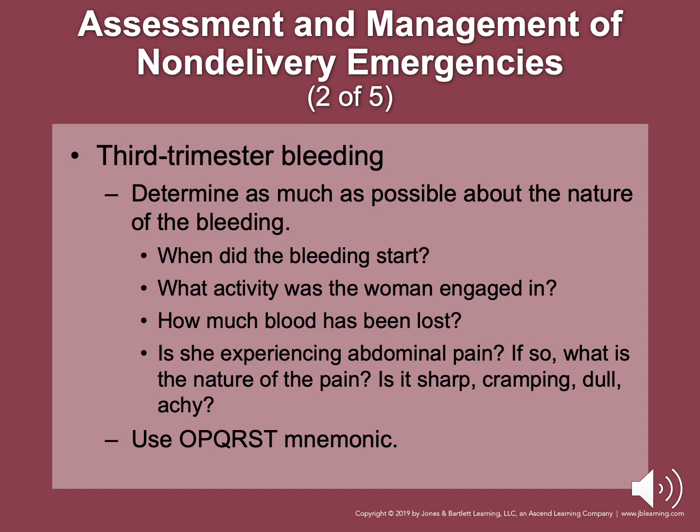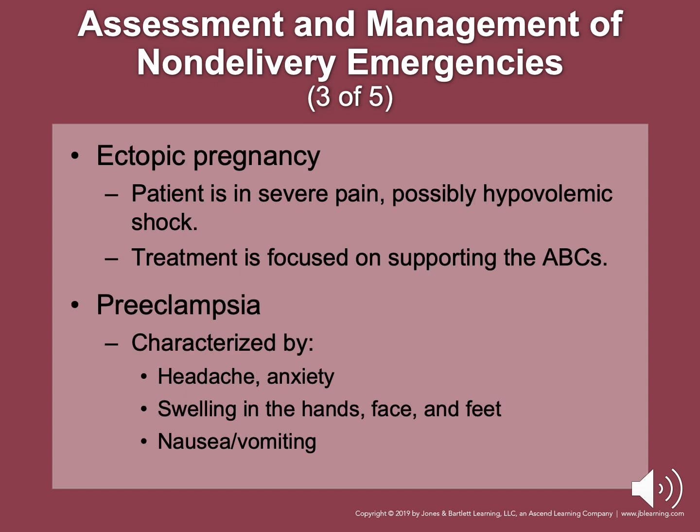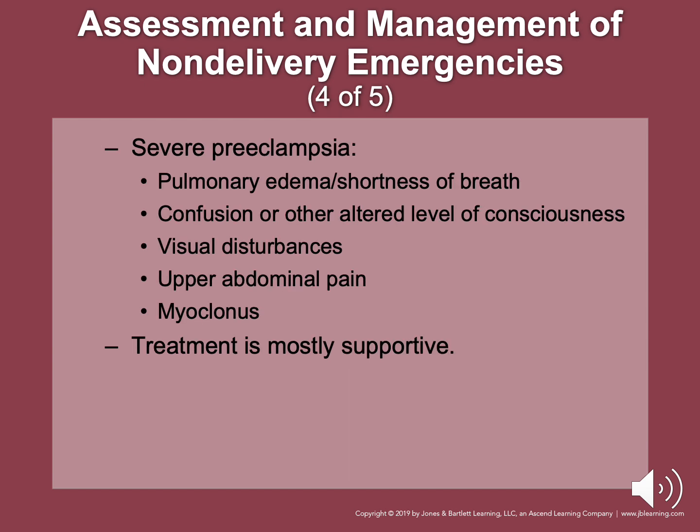Preeclampsia: headache, swelling, anxiety, nausea, and vomiting. Severe preeclampsia: edema, shortness of breath, confusion or other altered level of consciousness, visual disturbances, abdominal pain, myoclonus, and treatment as usual.